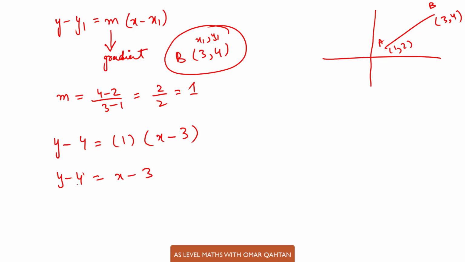Shifting this minus 4 to the right side, y equals x minus 3 plus 4, and y equals x plus 1. So that's how we can use either equation. Either you want to use y equals mx plus c, or you want to use y minus y1 equals m into x minus x1. It's up to you.